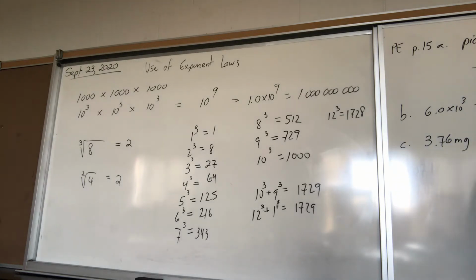3.76 milligrams equals 3.76 times 10 to the minus 3 grams, because 1 milligram is 1/1000th of a gram. And another way of writing 1 over 1,000 is 1 over 10 to the power of 3, by the rules of exponents.